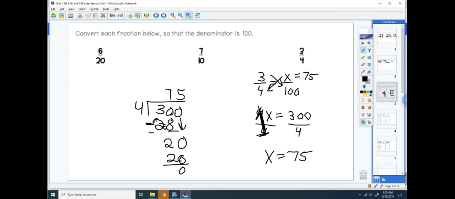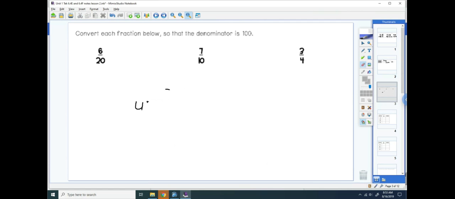All right, so now let's make sure I did it right by using the shortcut way, which is not always a guarantee to work, but it will here, and I'll tell you why. So you're going to do 3/4 again is equal to x over 100. The reason why I know I can do the shortcut way is because I know I can multiply something by 4 to get to 100.